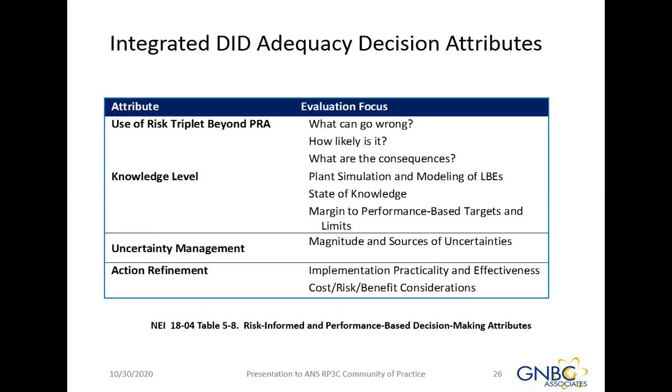The last final point I want to make, in the LMP guidance, there is a discussion about action refinement, and that includes practicality and effectiveness and cost benefits and other considerations that every designer, every owner and operator has to deal with. But the principal objective here is, if you can conceive of something to do, you have to also, or should also, ask yourself, does it move, if you will, the risk needles in some manner?